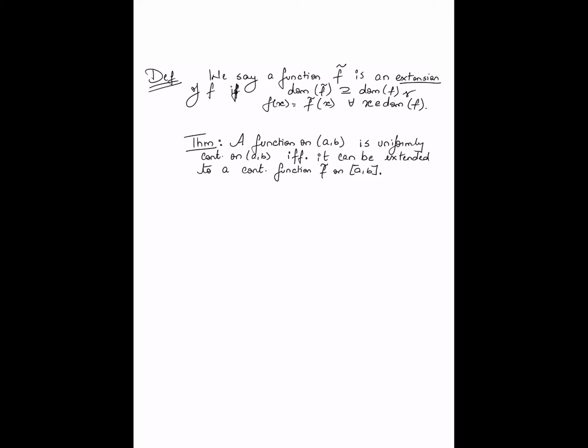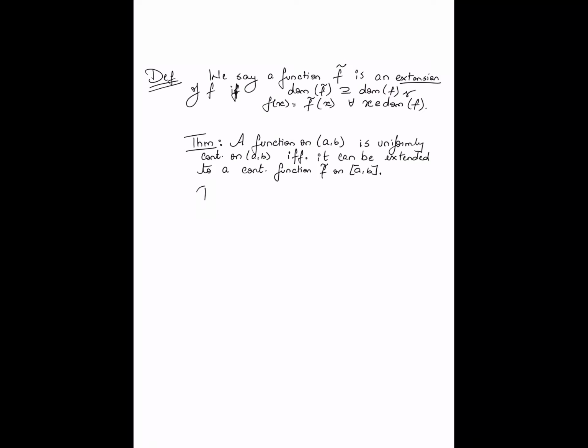So uniform continuity on open intervals requires that there be a clean extension of this function which is in fact continuous on the corresponding closed interval, such that the boundary points are also included. Then and only then can a function be uniformly continuous on an open interval AB.